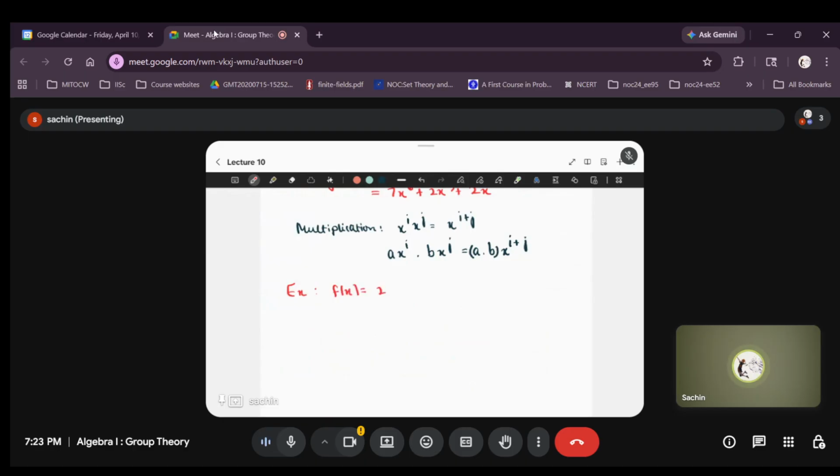f of x is 2x² minus 3x plus 5 and g of x is 3x² minus 3.